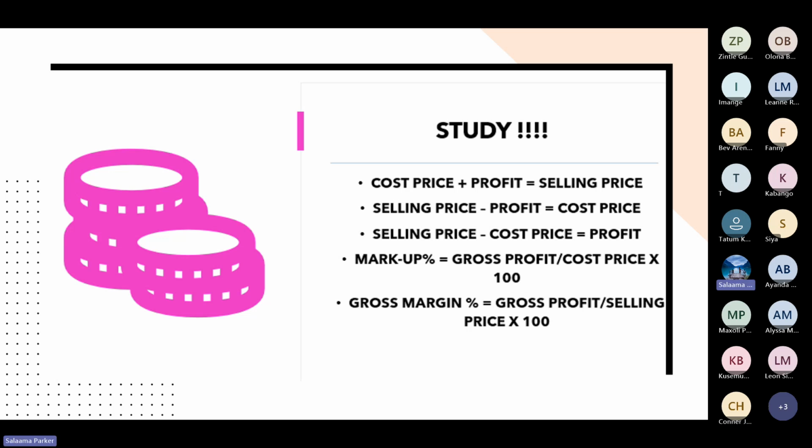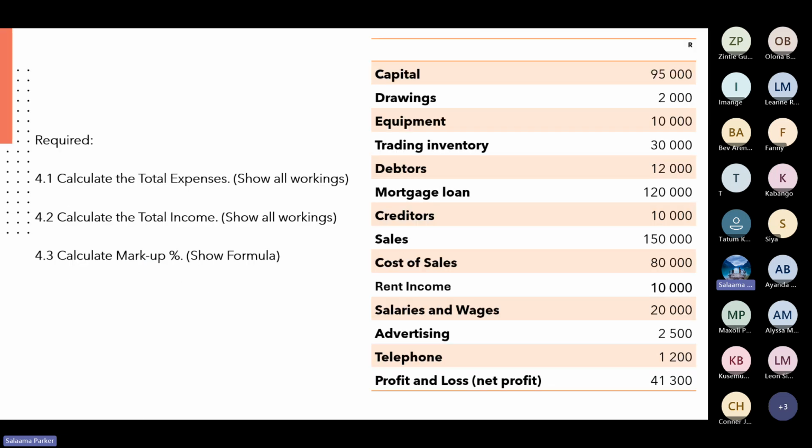Okay, how am I going to get to my gross profit? Very good. Sales minus cost of sales. Well done. And are we given the sales and the cost of sales over here?